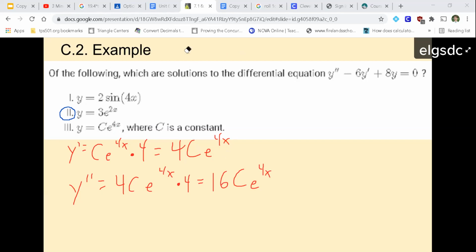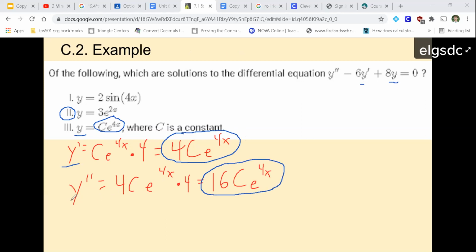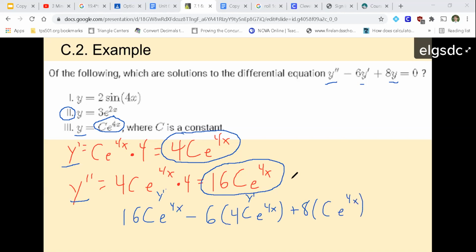If we plug in this for y, this for y prime, and this for y double prime, what we get is 16c e to the 4x, that's y double prime, minus 6 times 4c e to the 4x, that's y prime, plus 8 times y, which is c e to the 4x, that's y.